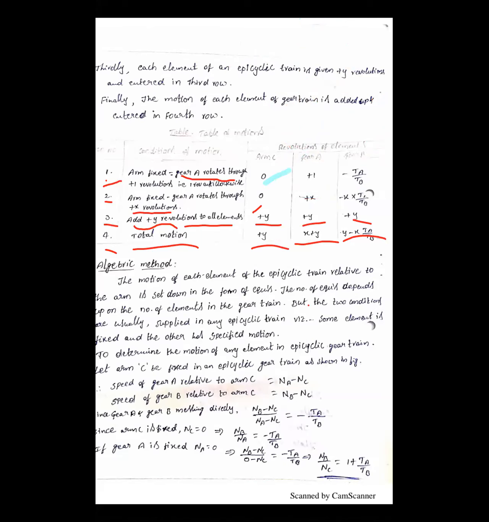So finally, the arm C value is y, gear A is x plus y revolutions, and gear B is y minus x into TA by TB revolutions. Now that is the column method.